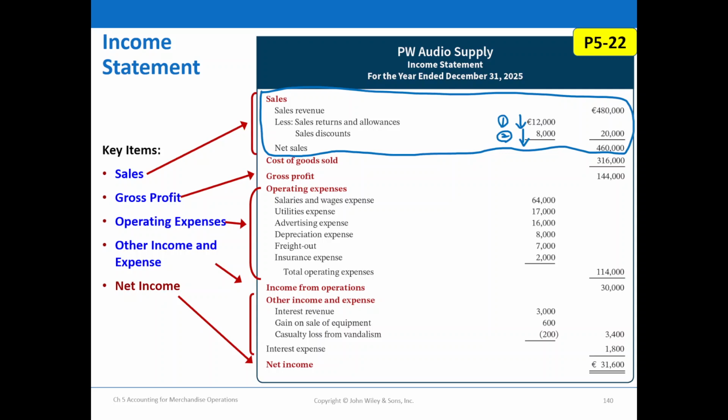After these two reasons, we get the true revenue, net sales. Net sales is your true revenues, $460,000. So we got the real revenue.